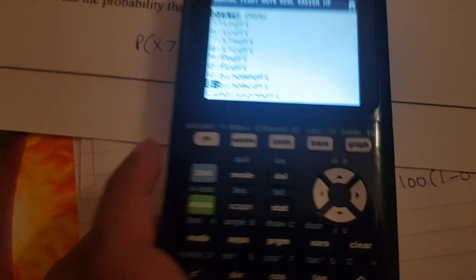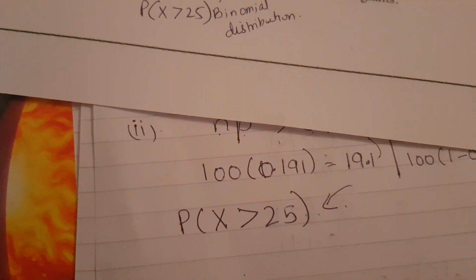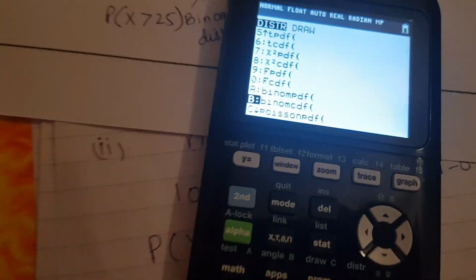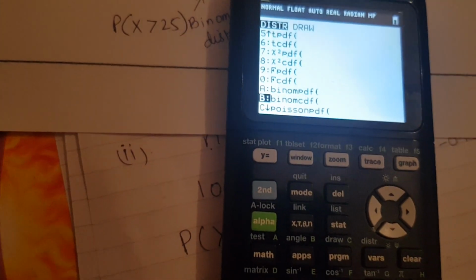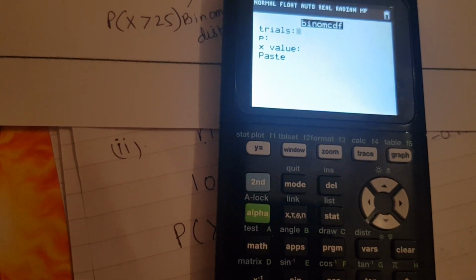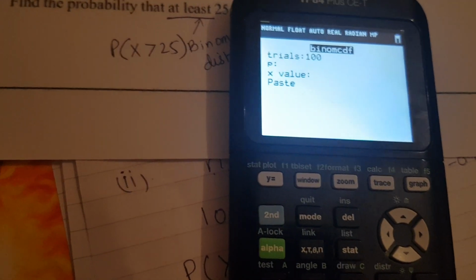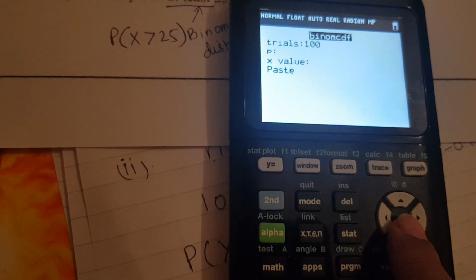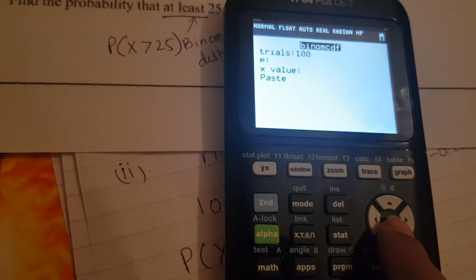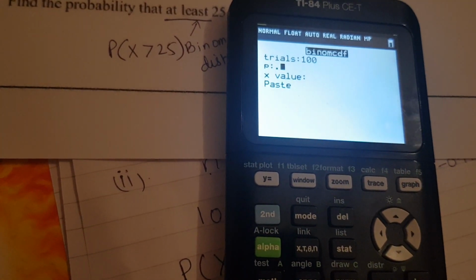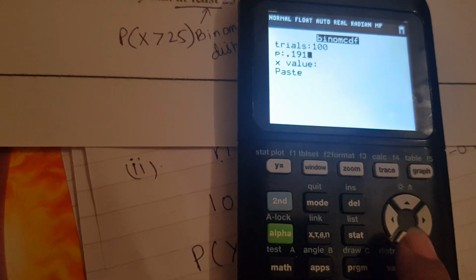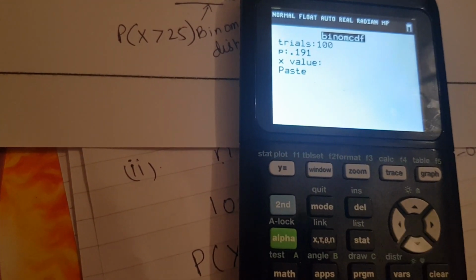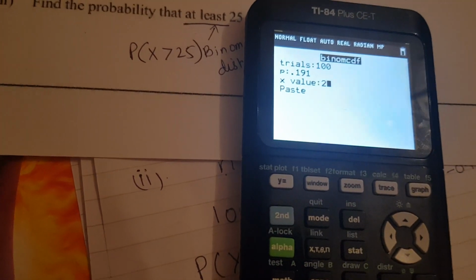So the total number of trials is given, n, which is 100. P is the probability, which is 0.191. Then the x value is 25.